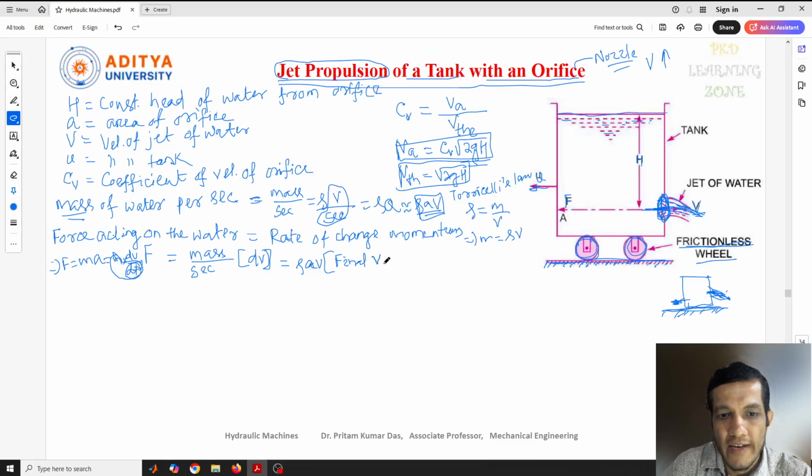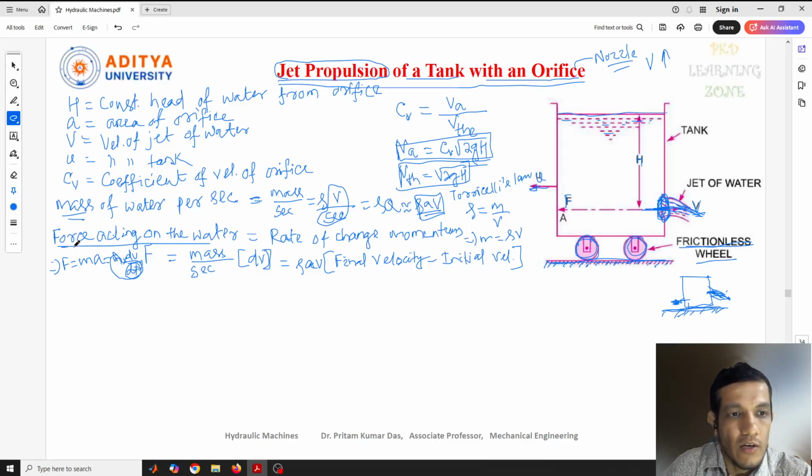The change in velocity is the final velocity minus the initial velocity. So what is the final velocity and what is the initial velocity? Here the change in velocity needs to be taken as final minus initial. Why? Because we are finding the force acting on the water.